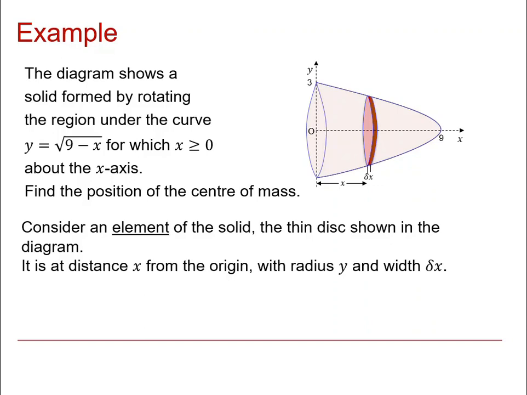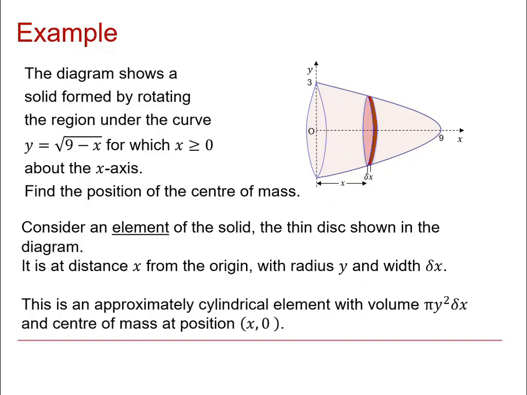That allows us to work out its volume and make the appropriate substitution of a particle for a mass. That's a mass distribution. So it's approximately a cylindrical element, and its volume is pi y squared delta x.